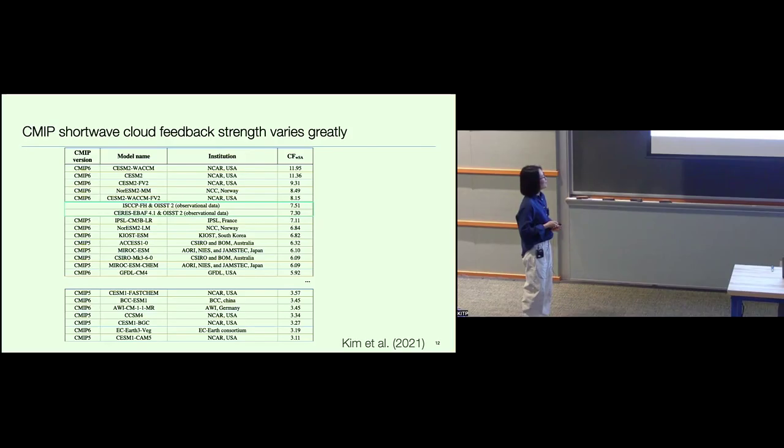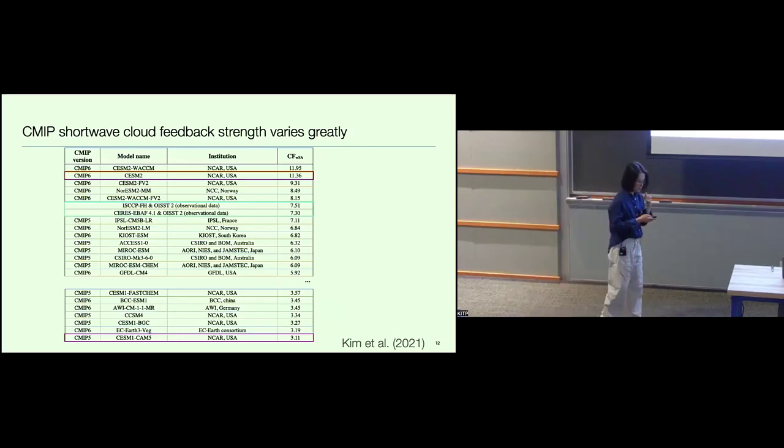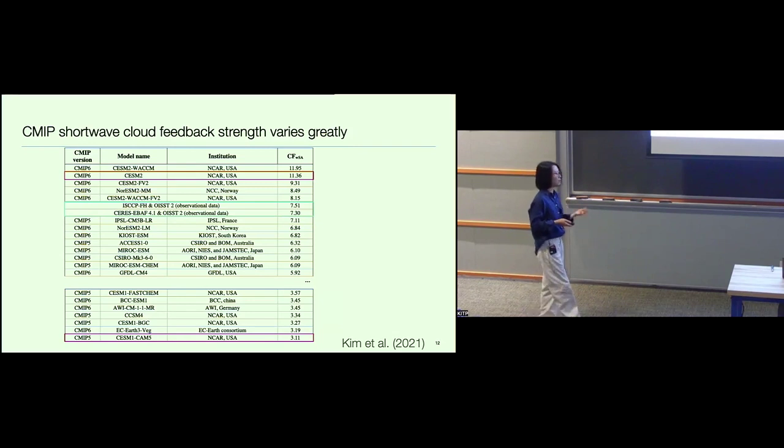If you find where CSM1 and CSM2 are, they're on the two ends of the spectrum, where it's super strong in CSM2 and pretty weak in CSM1. So doing these two pacemaker experiments really made us think about the role of the subtropical low cloud feedback, and also why it's influencing the tropical Pacific very differently compared to the Atlantic.